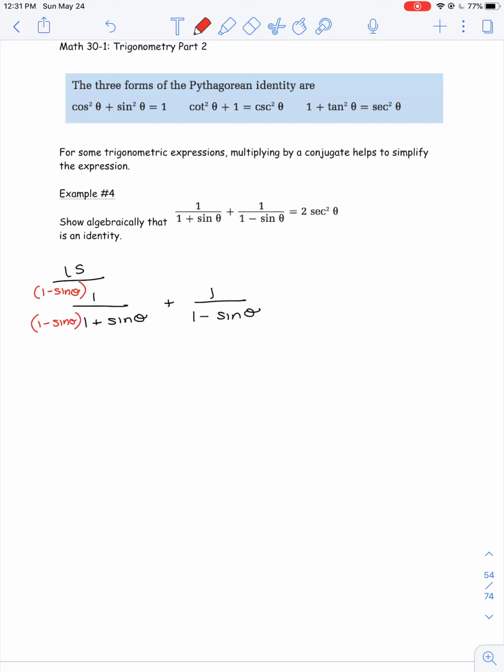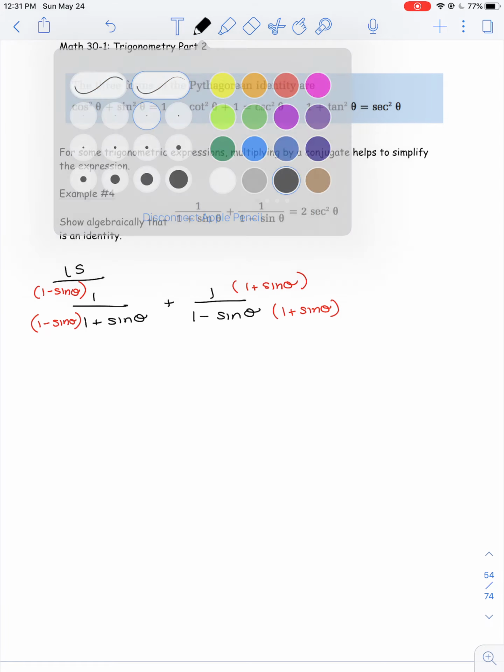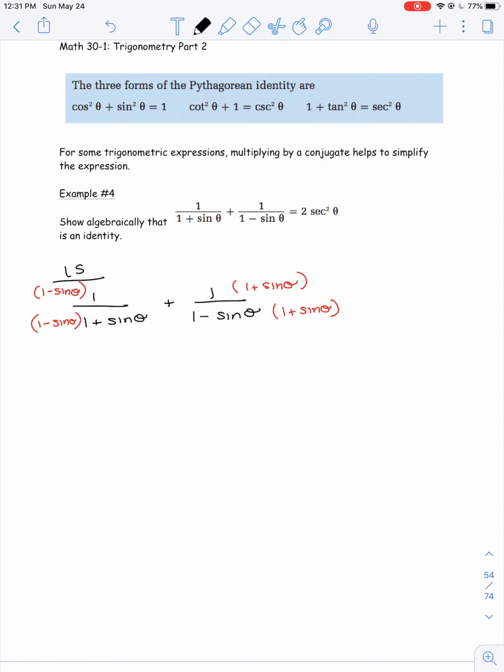And I'm going to multiply the right fraction by 1 plus sine theta to the top and bottom. And so when I multiply the bottoms together, it becomes one common denominator. So I can write it as 1 minus sine theta multiplied by 1 plus sine theta. So that's one common denominator.